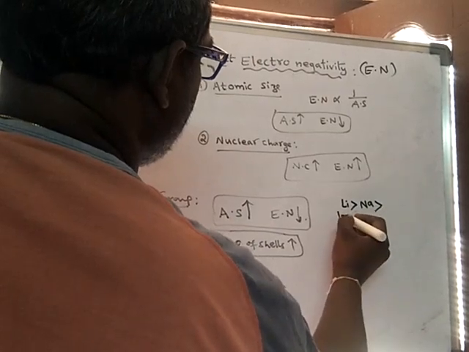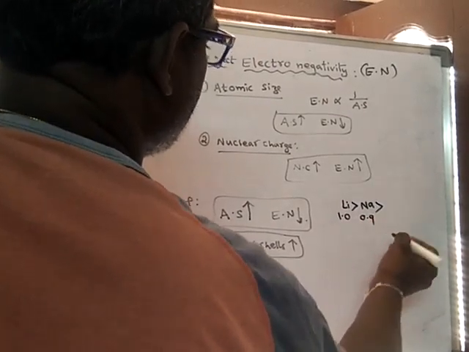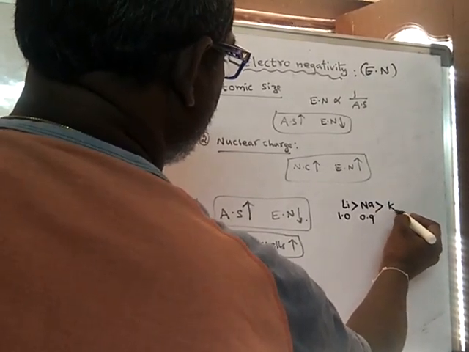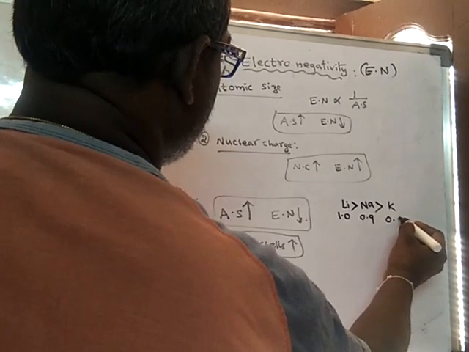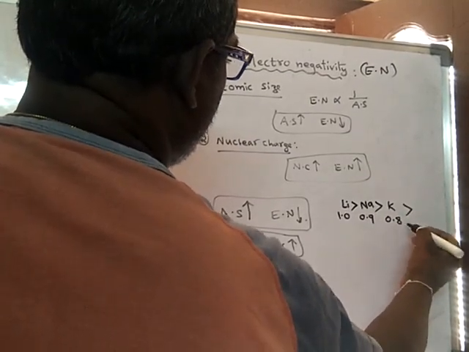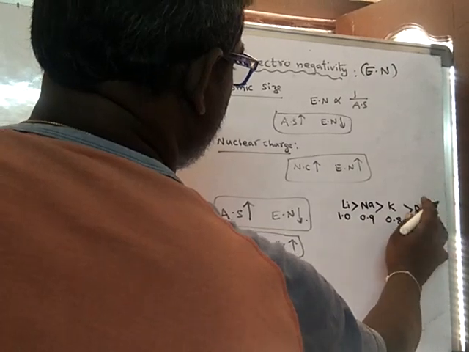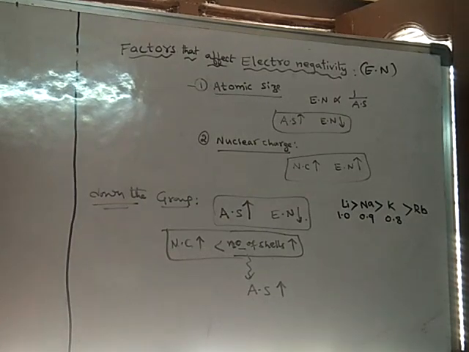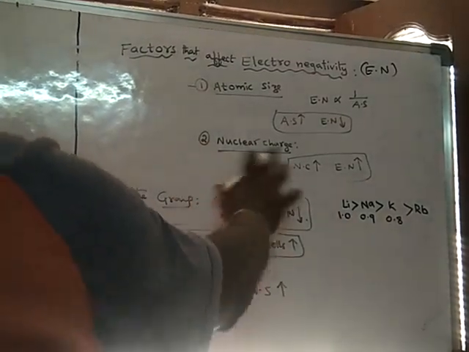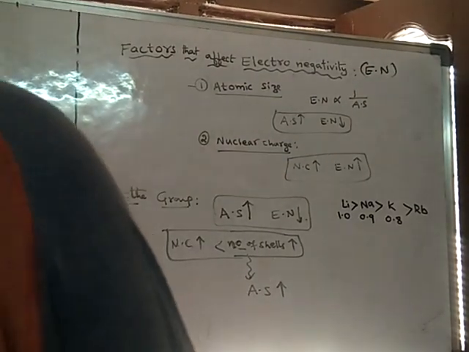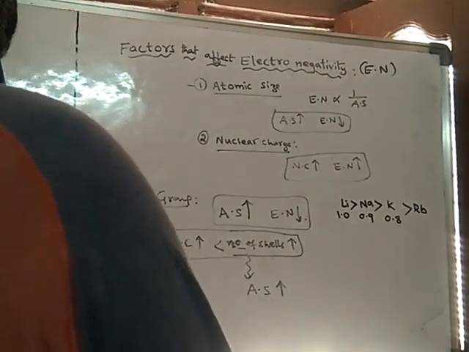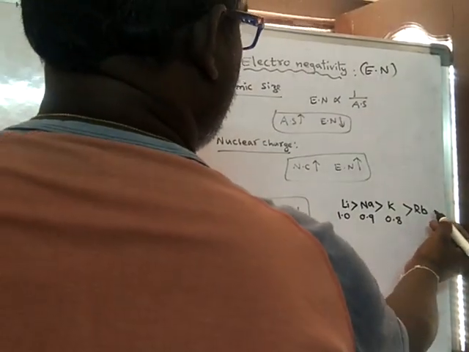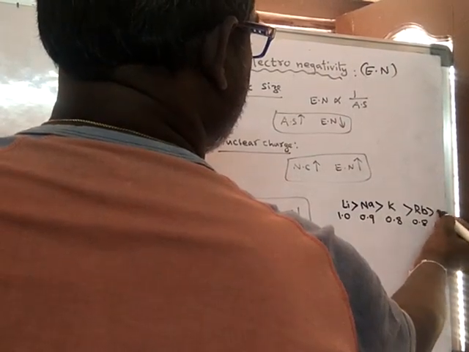Actually, lithium is 1.0, sodium is 0.9, potassium 0.8, rubidium also 0.8, cesium 0.7.